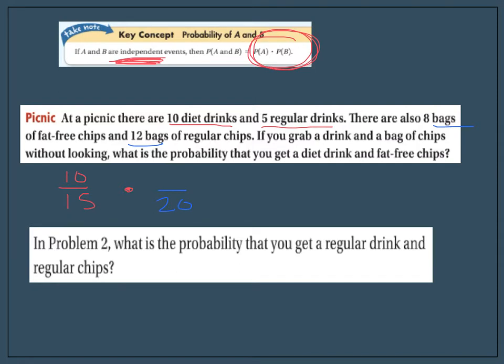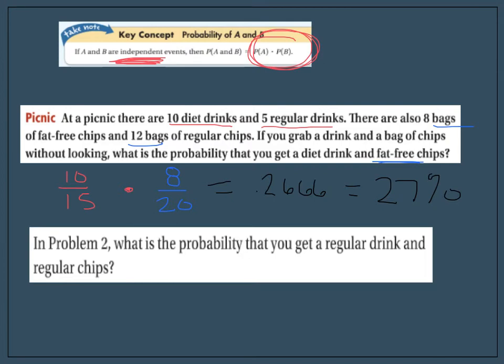And if I want to figure out the probability of getting fat-free, I have 8 on top. So now I'd multiply those 2 together. And you would get 0.2666. So I'm going to say this is 27% chance that you would get a diet fat-free chip.